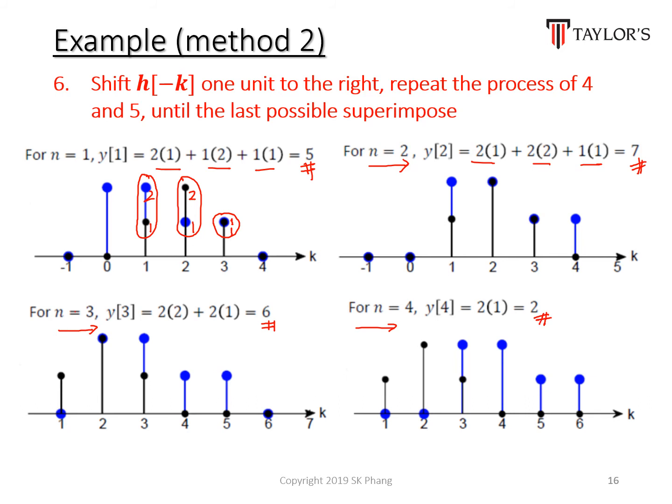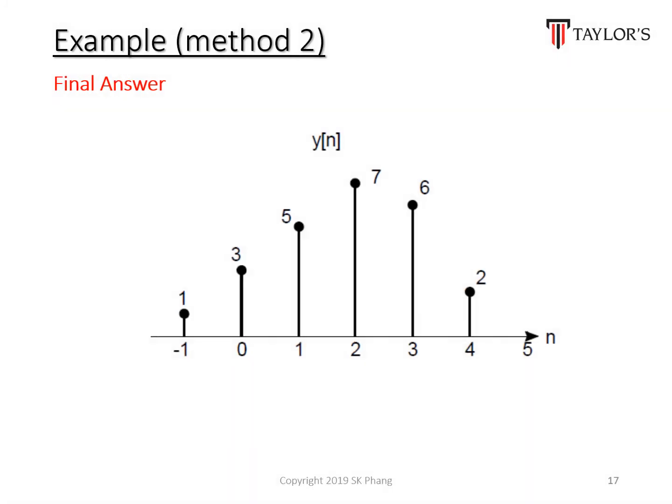And then you continue shifting to the right, and you notice that once you shift to the right, the blue color graph will be shifted to the right, and there is no more superimposed after this step. So it tells us that anything beyond n equals 5 or above will all be 0. And then finally, you can arrive at the final answers.